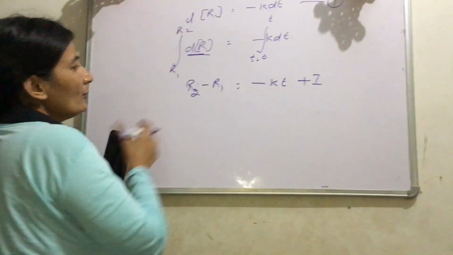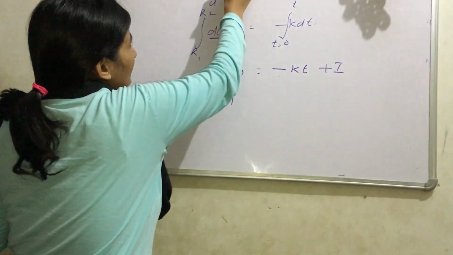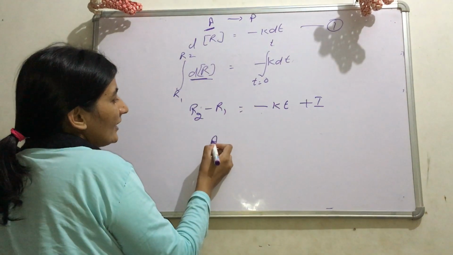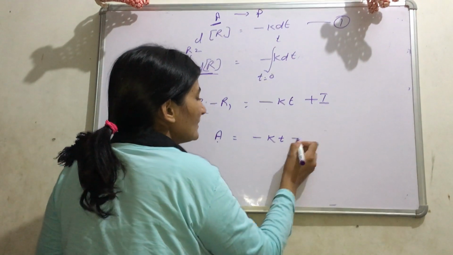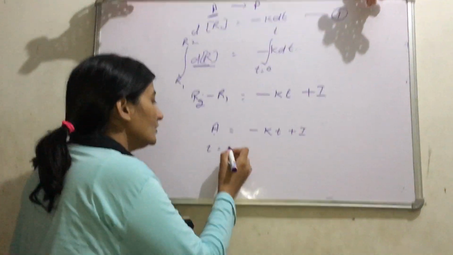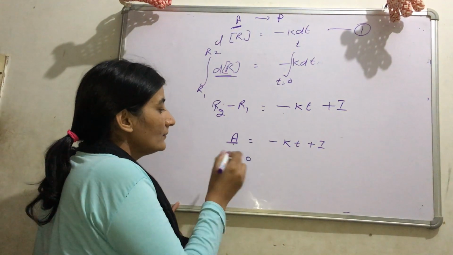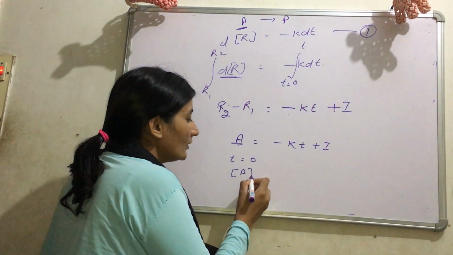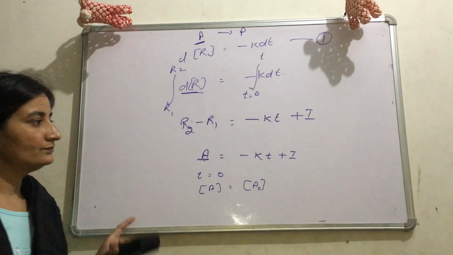Now simply R2 minus R1 we can substitute here with A, since the reaction is A getting converted into P. So A is equal to minus Kt plus I. This is our second equation. Now if time t is equal to 0, then whatever be the initial amount of reactant present, A becomes equal to A naught, the initial concentration of reactant.